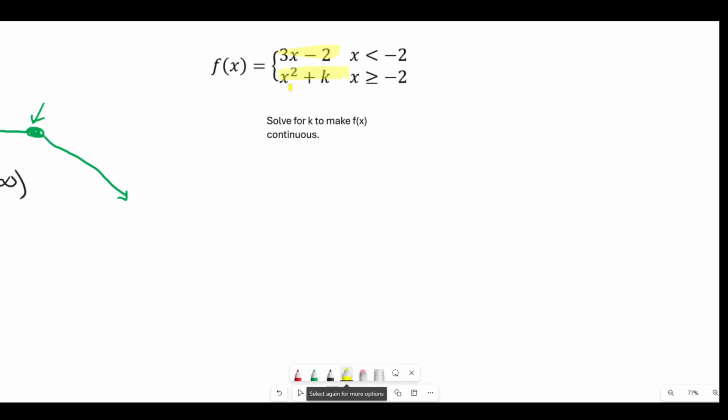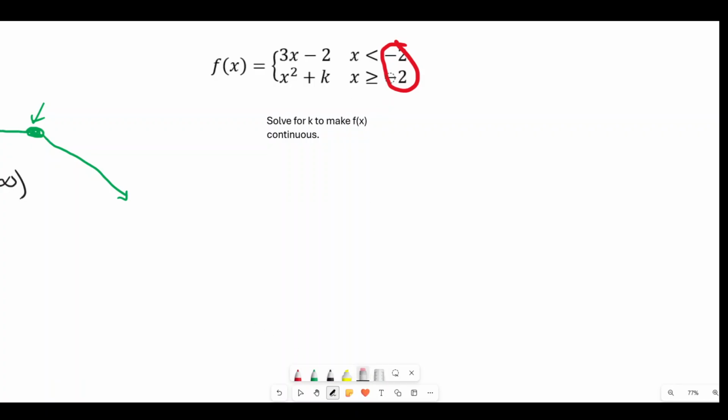All that does is move the vertex up and down, right? That doesn't change the fact that the second part of the graph is a parabola, which is continuous everywhere. So the only place where this function might not be continuous is at negative 2, when the function's rule changes.